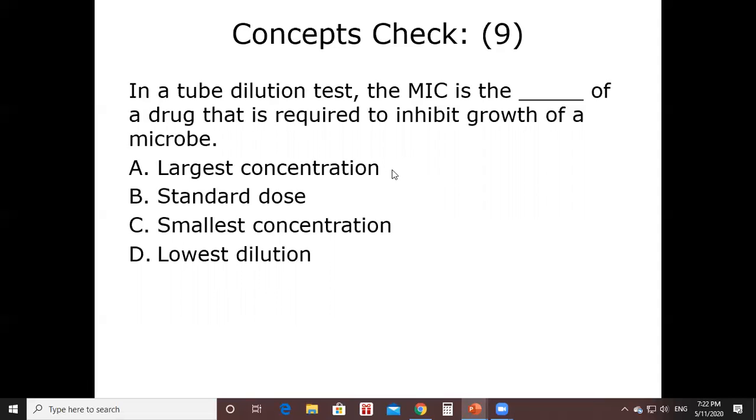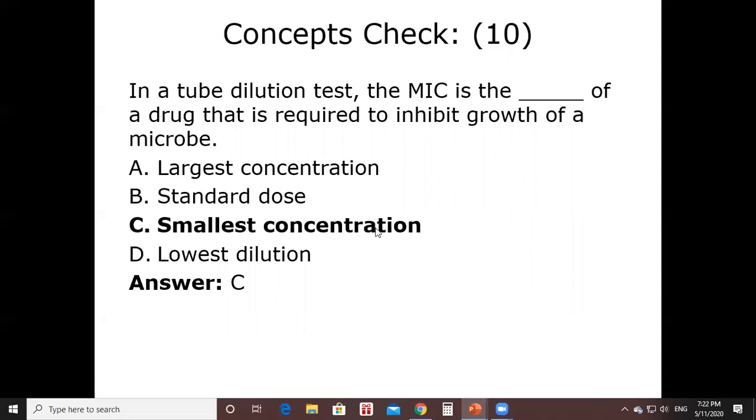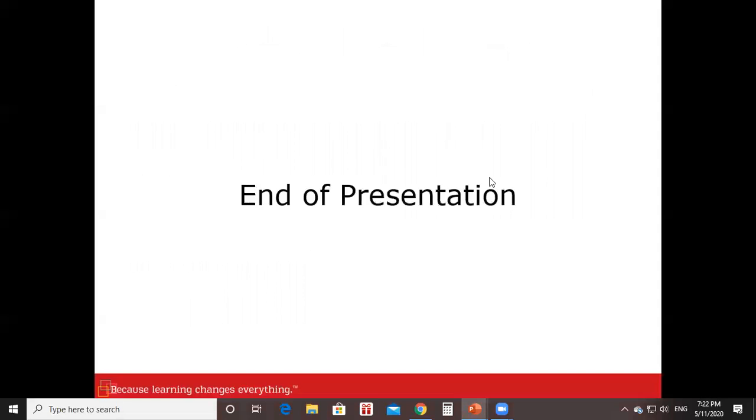Is it the largest concentration of a drug? Is it the standard dose? Is it the smallest concentration or is it the lowest dilution? Right? It's the smallest concentration. Is it the smallest concentration of a drug required to inhibit growth of microbes? All right, you guys do well.